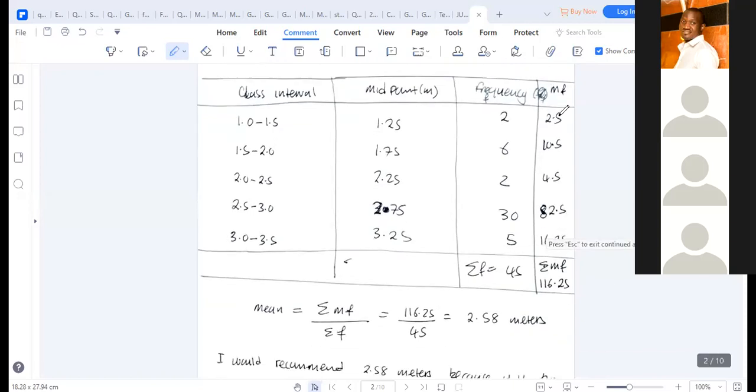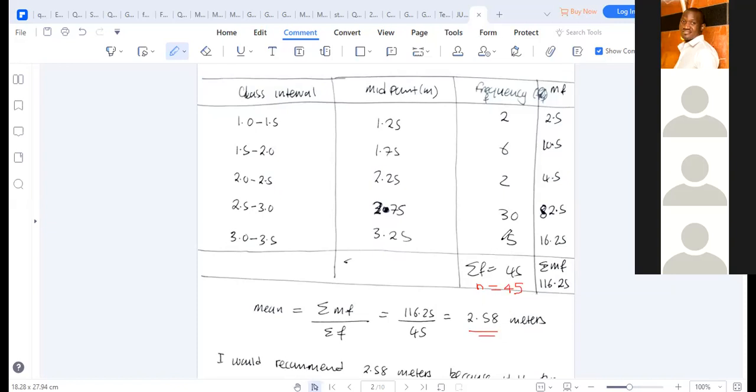Then when you total up, the summation of the midpoint times frequency is 116.25. So when you divide that by our n, which is simply when we sum up these frequencies here, which is 45, we get 2.58 meters.